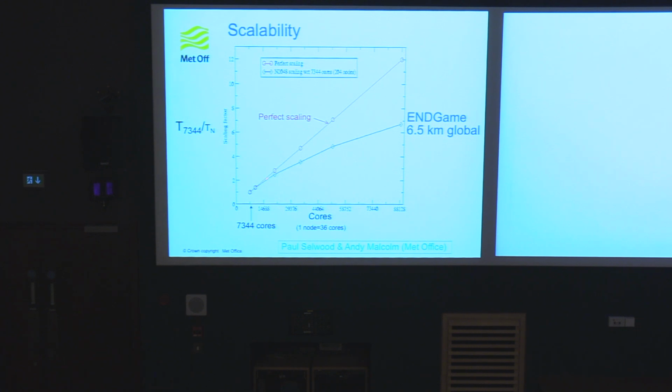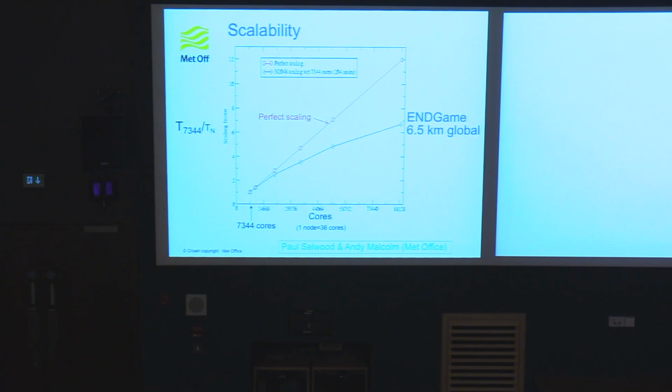If we had a perfectly scaling model, then the time to completion normalized in this sense would lie on this line. Here, they've run Endgame, our dynamical model, at 6.5 kilometre global resolution, so about 2/3 of the resolution we are currently running.